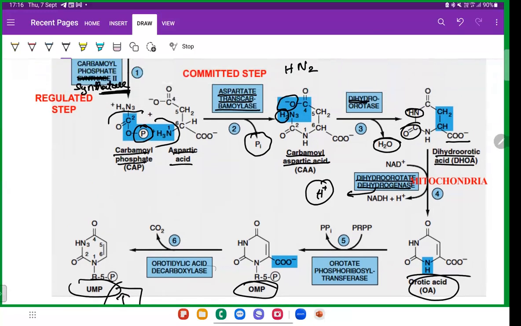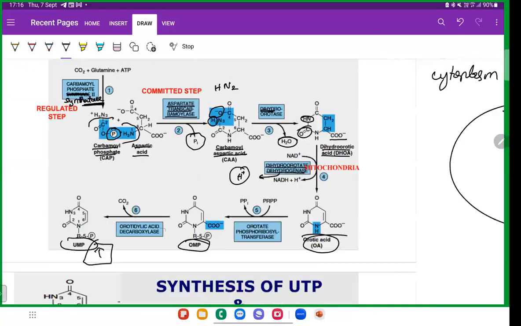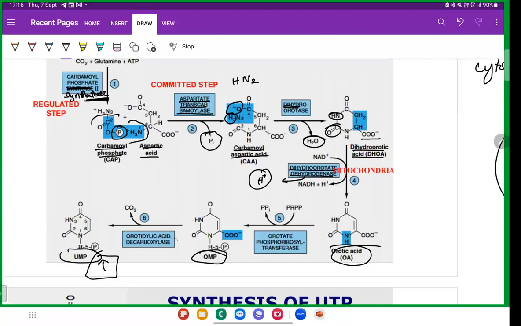So again, forget these structures. What we are going to remember is this; I told the structures only to explain to you. What you are going to remember is, you have a carbon dioxide, you have a glutamine, all together in the presence of carbamyl phosphate synthetase 2, it is going to form carbamyl phosphate.